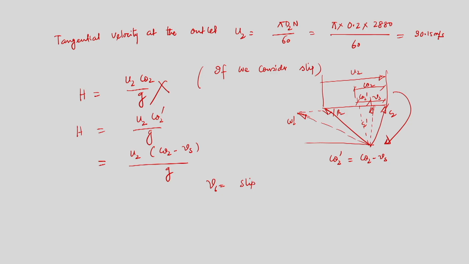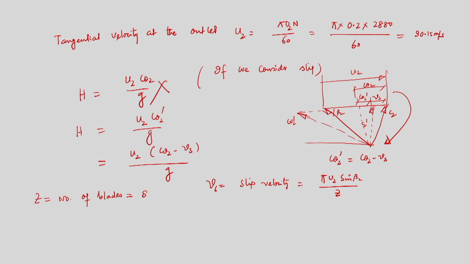We obtained the expression of slip velocity in the last lecture: pi u2 sin beta 2 divided by z, where z is the number of blades, which is 8 for this problem.